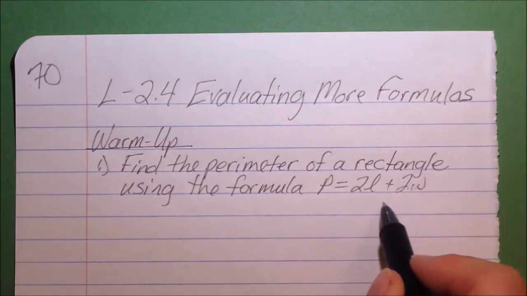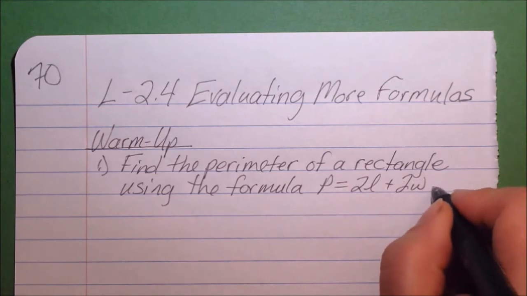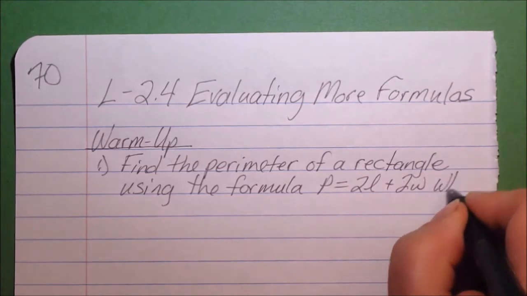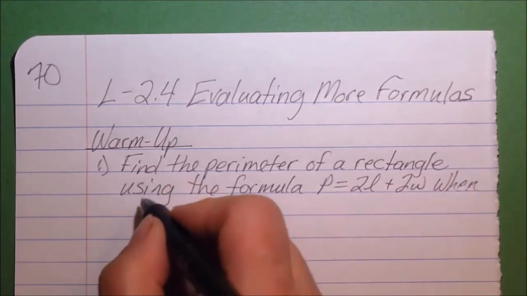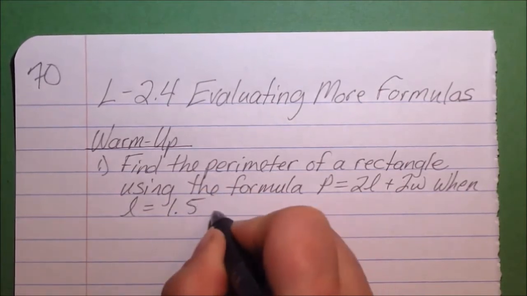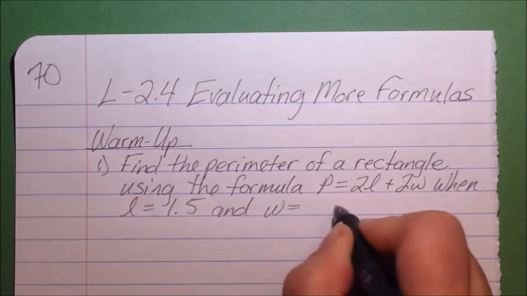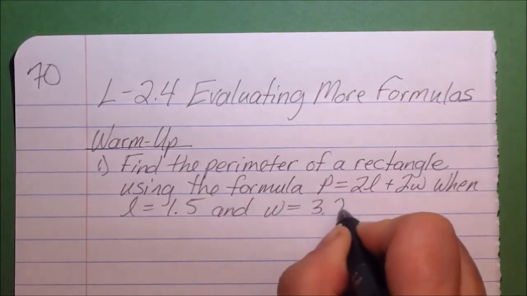That's 2 times the length plus 2 times the width. We learned this one in 2.3. When L equals 1.5 and W equals 3.2.